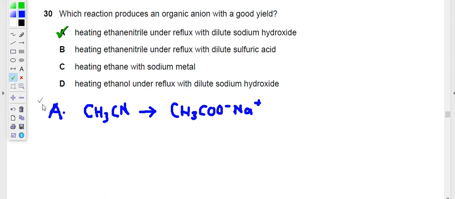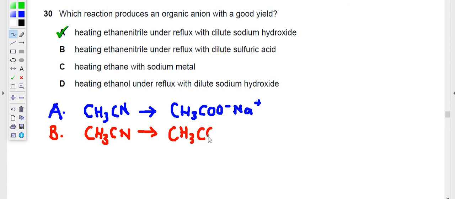reactions. Now let's look at B. In B, we have ethane nitrile. This time hydrolysis with dilute sulfuric acid, we are getting a carboxylic acid, ethanoic acid.